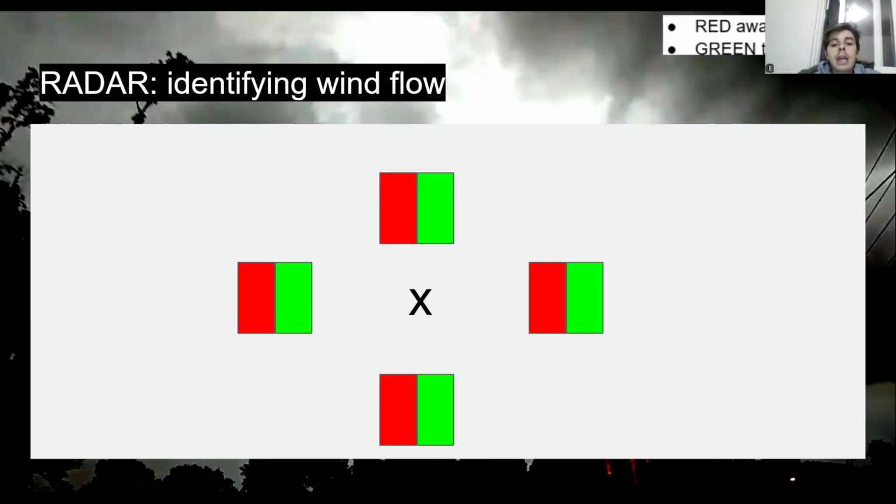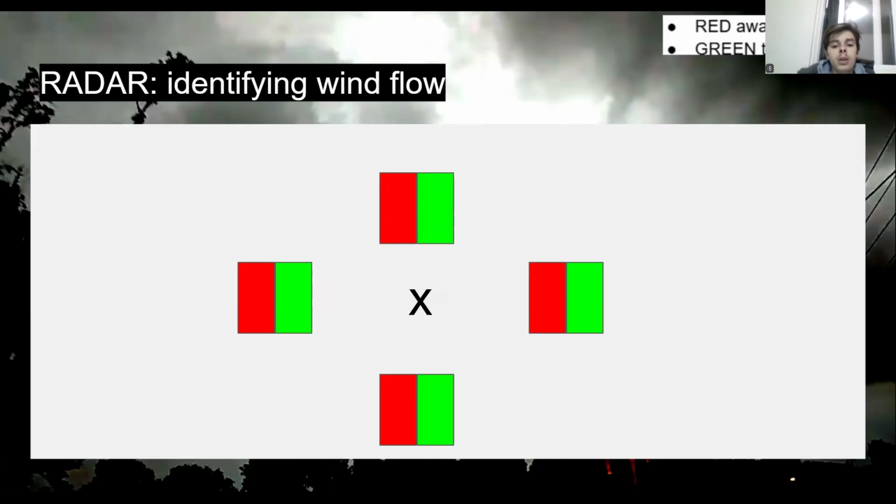Red indicates that there is a detection that wind is flowing away from the station. Green is towards. So if we had a situation like this, once again, it really would be all filled in. But if we just had an abstract example like this, we can see how the winds would flow.